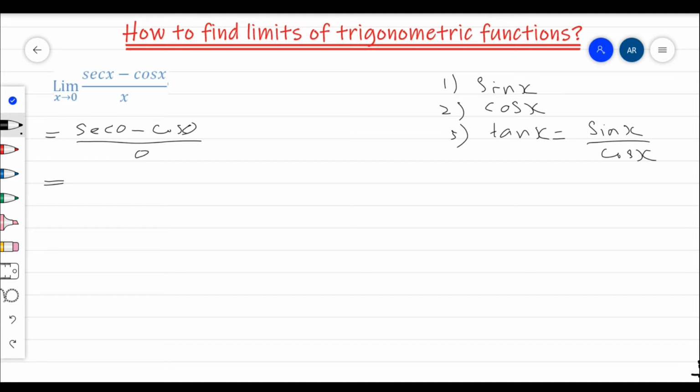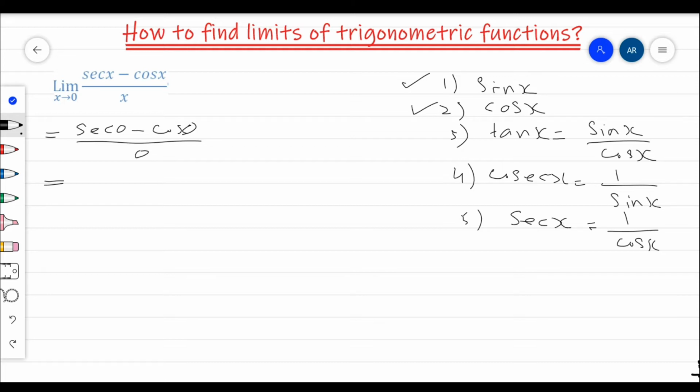The fourth is the reciprocal of sine of x, which is cosecant of x. Now the reciprocal of cos of x is secant of x. And lastly, the reciprocal of tangent of x means 1 by tangent of x, which is cotangent of x.